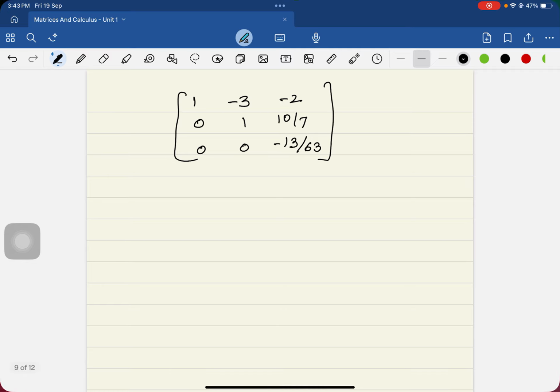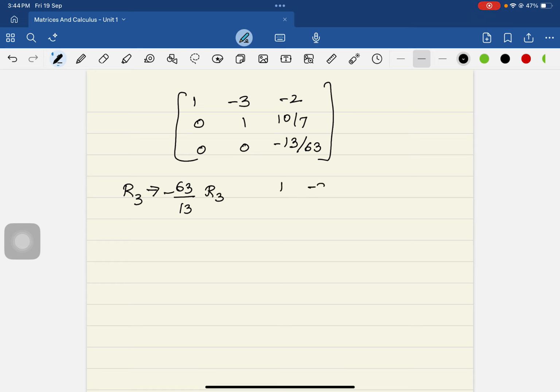Now I can change R3 as R3, and actually no need to do any operation here. It is very clear that you cannot make this a 0. The only thing you can make is 1. So R3 changed as negative 63 by 13 times R3.